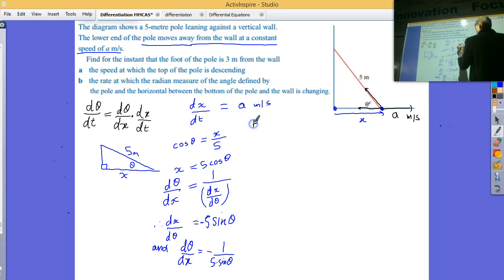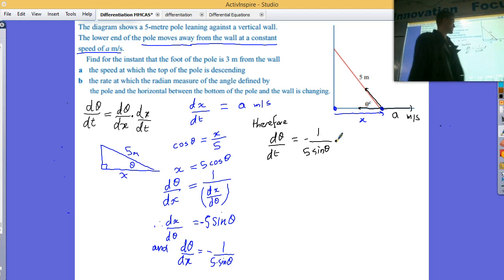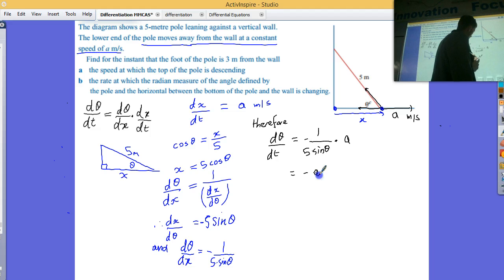Therefore, d theta dt, the rate of change, is going to be d theta dx, which is what I've got here, minus 1 over 5 times sine of theta, multiplied by dx dt, which is the rate at which the base of the pole is moving away from the floor, which is a. Okay, and I get this expression. A over 5 times sine of theta.